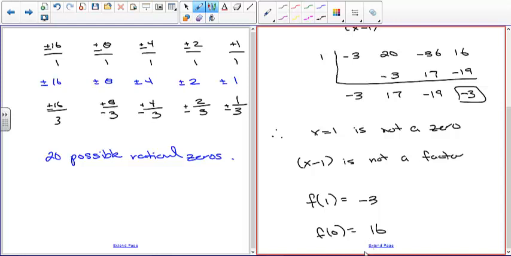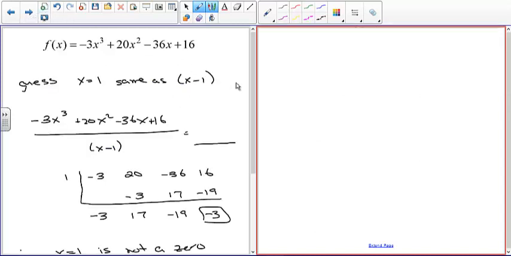There is a root between 1 and 0. Which numbers here are between 1 and 0? Well, 2/3. That would be another possible value. I don't think it actually is just based on those numbers, but we can try it out.